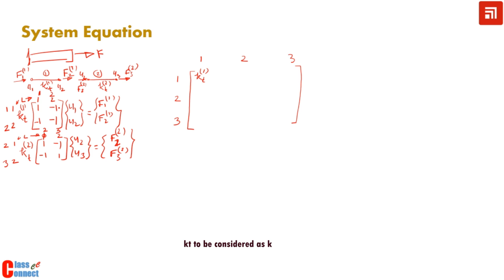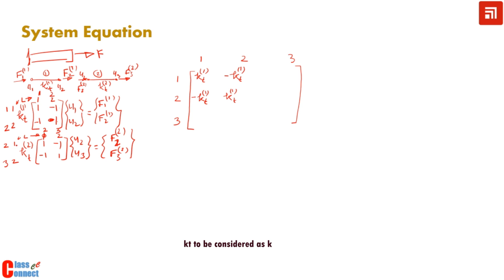Next is minus k1, which is local 1,2, corresponding to global 1,2, so minus k1 goes here. This is local 2,1, global also 2,1, so it will come here. Last is plus 1, local 2,2 and global 2,2, so k1 for element number 1 comes here.